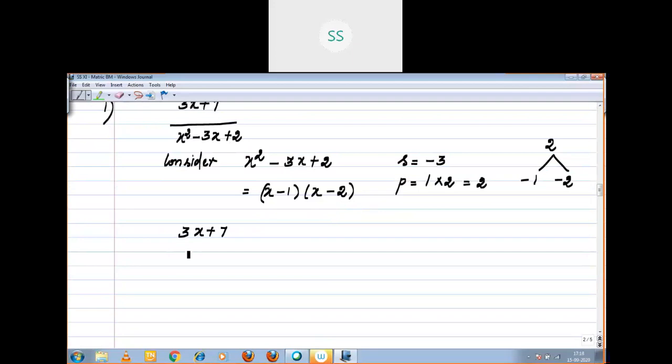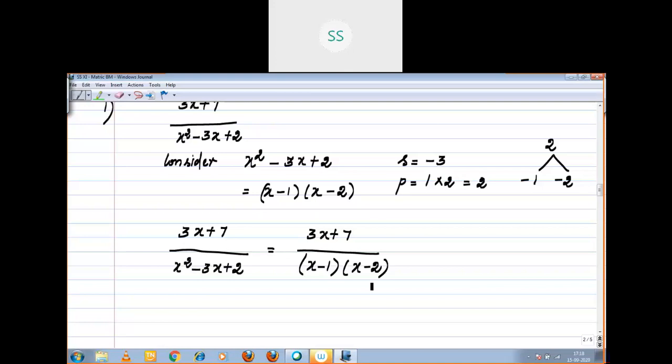Now 3x plus 7 divided by x square minus 3x plus 2 equal to 3x plus 7 divided by x minus 1 into x minus 2. Now you have to see the denominator.